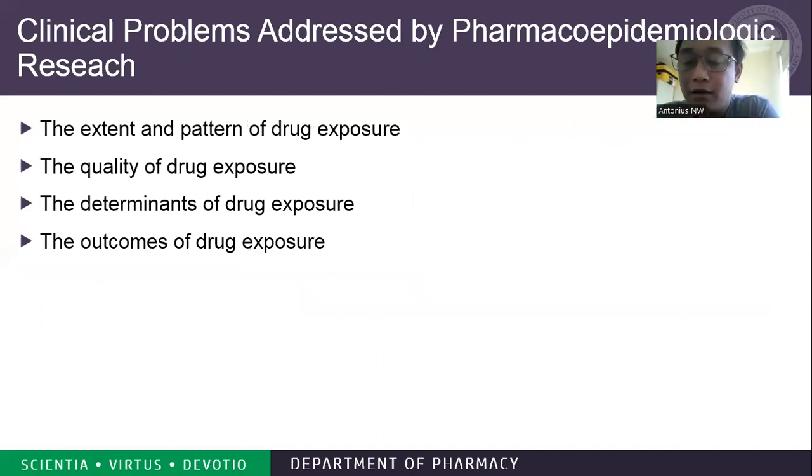So there are four clinical problems addressed by drug utilization research. The first is the extent and pattern, the second is the quality, and then the determinants and the outcomes of drug exposures. So if you want to conduct research on this topic, for me, it is very doable.